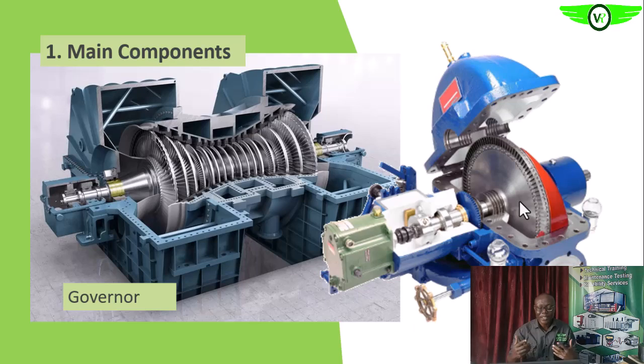Then we have the seal that helps to prevent the escape of steam from within the turbine, thus helping to maintain its efficiency. And we have the governor that helps to control the speed of the steam turbine by controlling the rate at which steam is administered onto the blades.